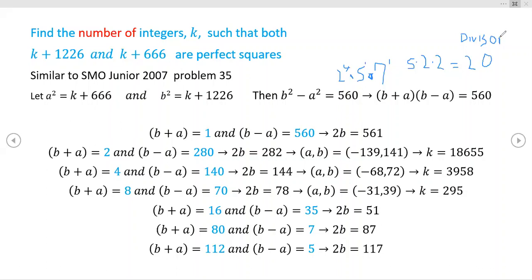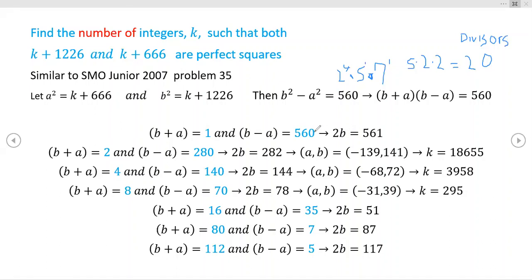All right, so what you'll notice right here is that 1 and 560 is kind of the trivial factorization. 1 times 560 is 560, but notice what happens right here. It creates a system of equations. And notice that if you add the left-hand side to the right-hand side, the a's cancel, and you get 2b is equal to 561.